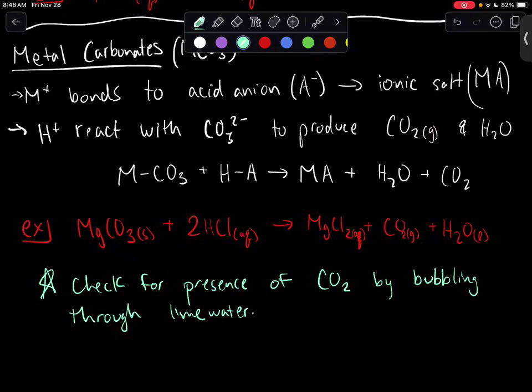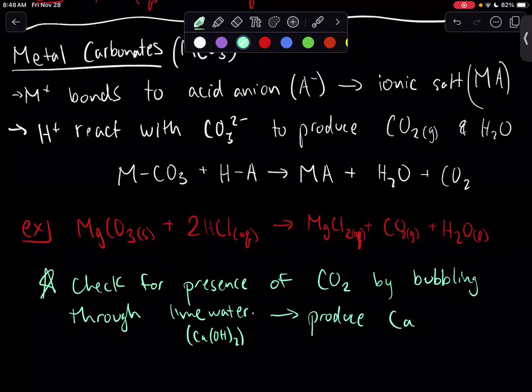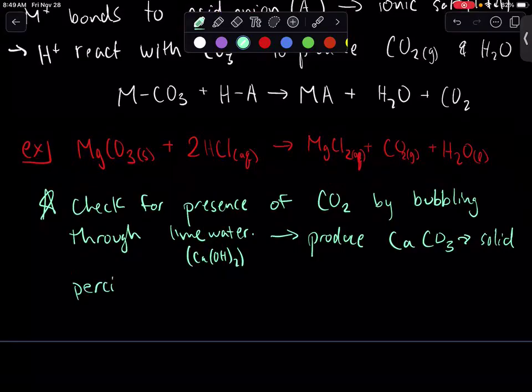When we put it through lime water, which is just a mixture of calcium hydroxide, this will produce calcium carbonate, CaCO3. The thing about calcium carbonate is this is a solid precipitate, and the solution turns white.